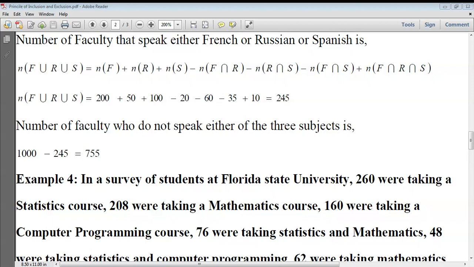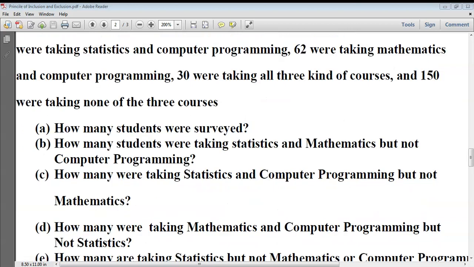So the data is given as 260 were taking statistics, 208 were taking mathematics, and 160 are taking computer programming, and 76 are taking both statistics and mathematics, and 48 are taking both statistics and computer programming, and 62 were taking both mathematics and computer programming, and 30 were taking all the three courses, and 150 students are not taking any of the three courses. Then you need to answer.